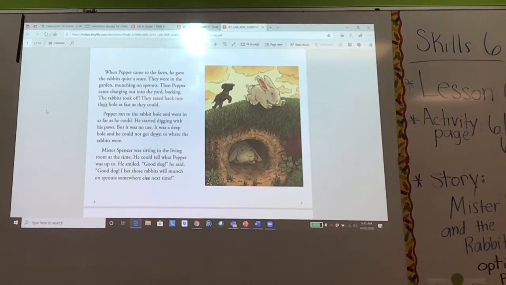Pepper ran to the rabbit hole and went in as far as he could. He started digging with his paws, but it was no use. It was a deep hole, and he could not get down to where the rabbits were.